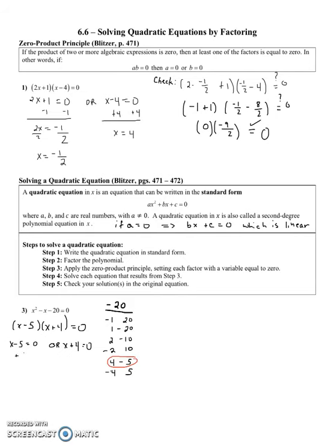If x - 5 = 0, then x = 5. If x + 4 = 0, we subtract 4 from both sides, and we get x = -4. So either x is 5 or x is -4.